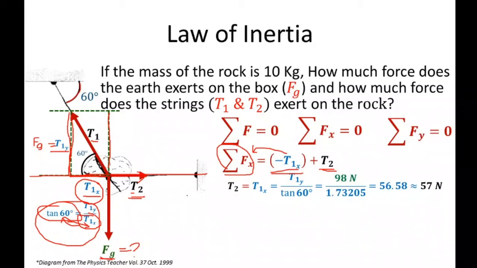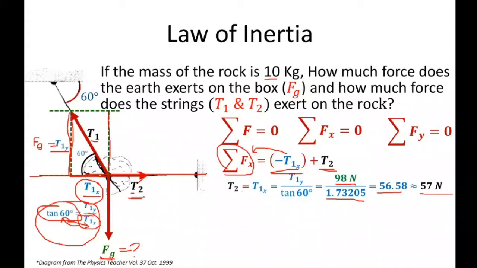How did we compute Fg? That is mass times acceleration due to gravity. Since the mass is 10, 10 times 9.8 is equal to 98 Newton. And tangent 60 degrees is equal to 1.73205. So 98 divided by the denominator, we have 56.58, or approximately 57 Newton.